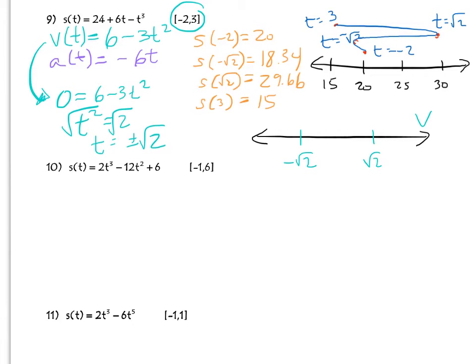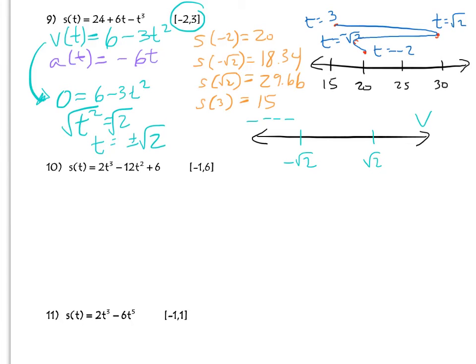So we have to plug in values on either side to figure out when the velocity was positive or negative. If we put in something smaller like negative 2, 6 minus 3 times negative 2 squared, we're going to get 6 minus 12, so that's going to be a negative value.